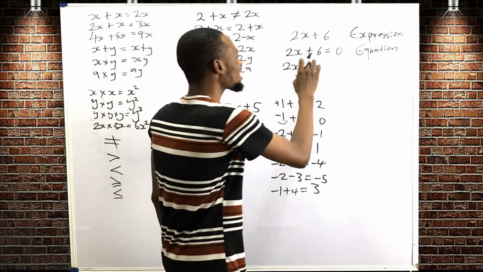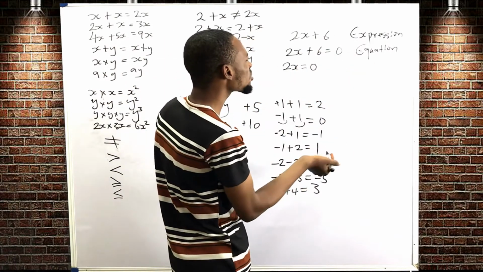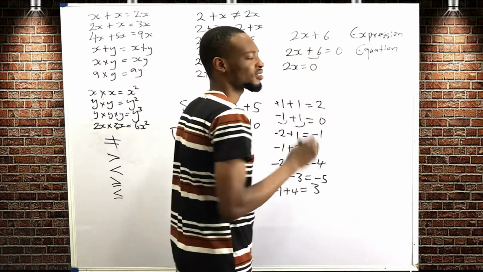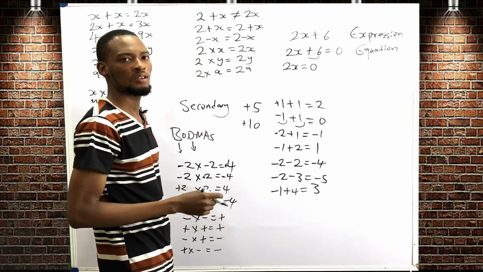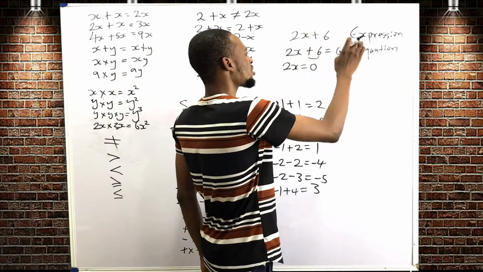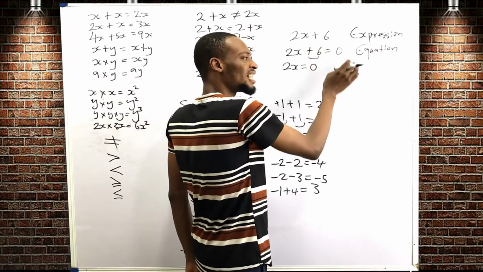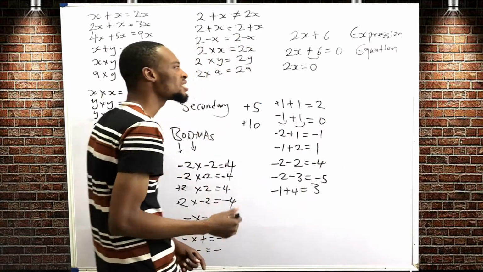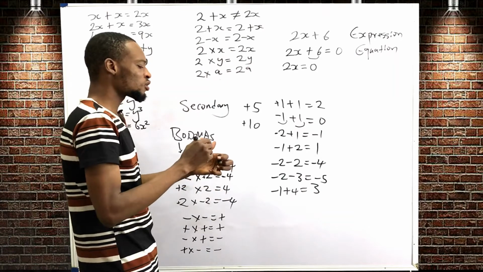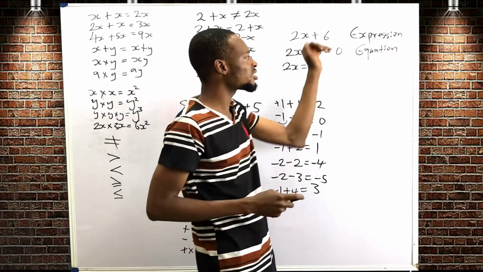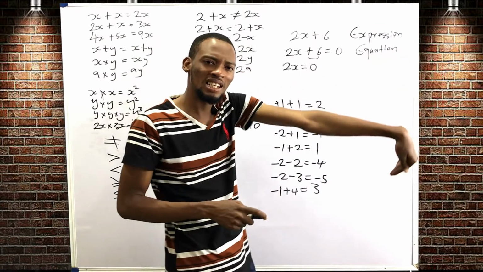Okay? Now we are taking this one there. I told you earlier that this plus is affecting this. So when you are moving this to the other side, it's crossing the equality sign. The sign changes, it is negative. So when a positive number crosses the equality sign, it becomes negative.